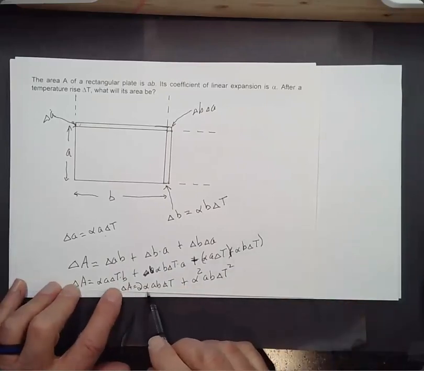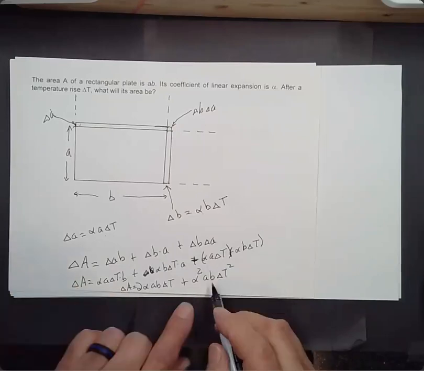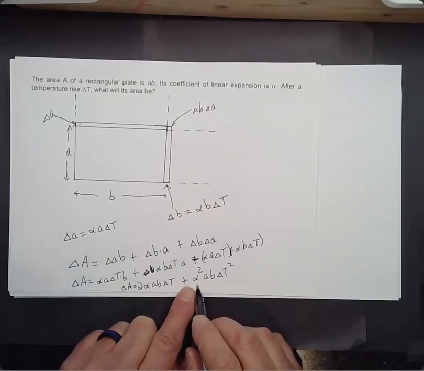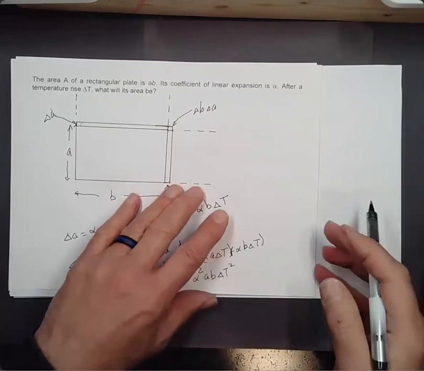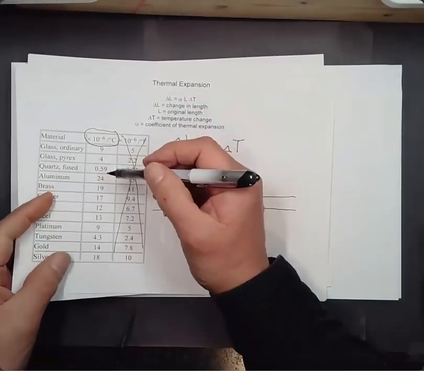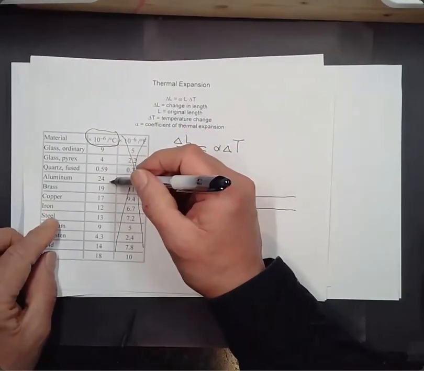Okay. And so remember how small alpha was? I think aluminum had the highest one on here, 24 parts per million.